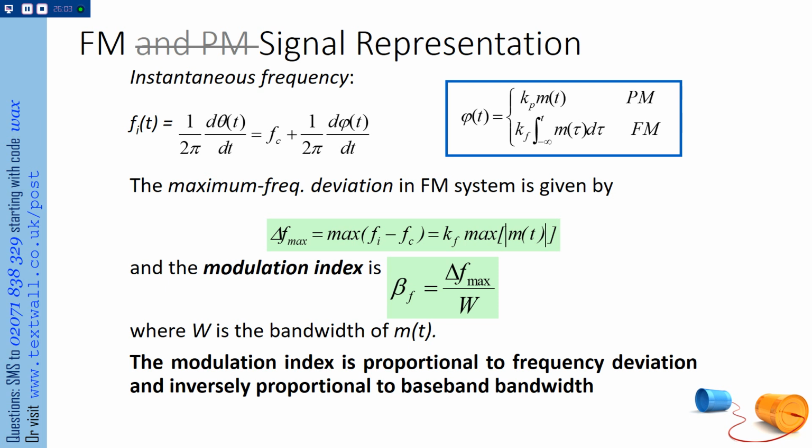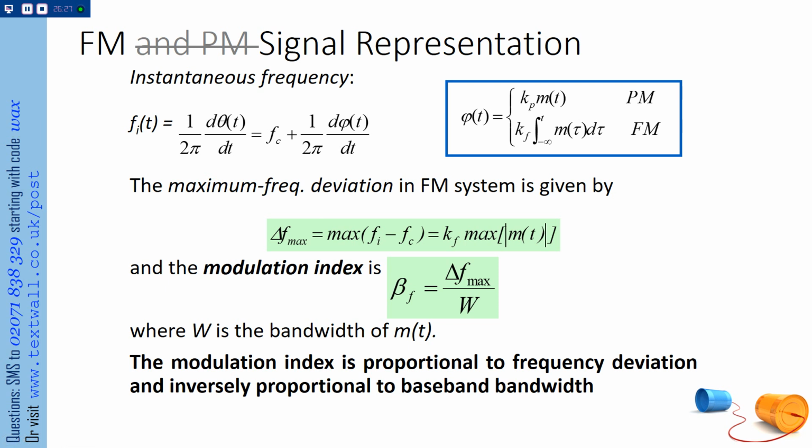Not the difference between the highest and the lowest. That, twice delta F, we call the frequency swing. So the frequency swing is the highest frequency minus the lowest frequency. But the maximum deviation from the carrier frequency is called delta F, the frequency deviation.